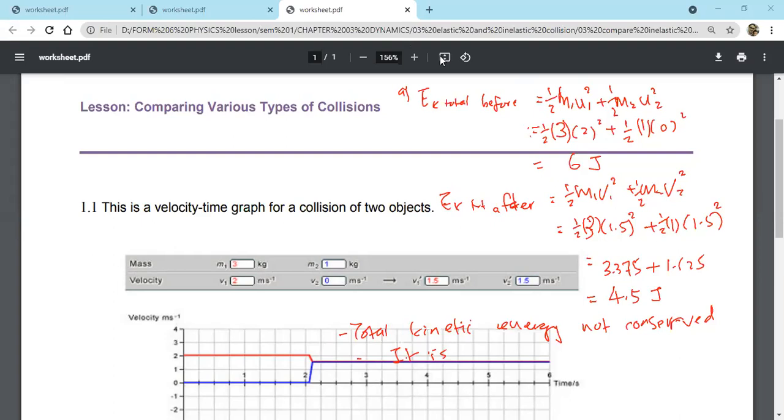Yes, you can use e to calculate it. We notice that both kinetic energies are different, so it is inelastic.